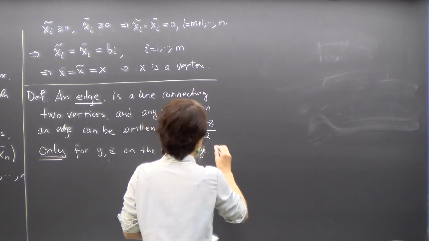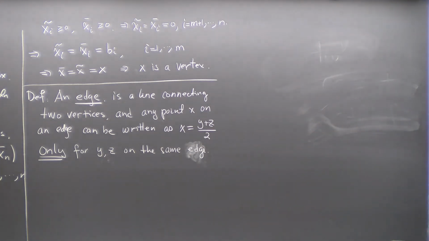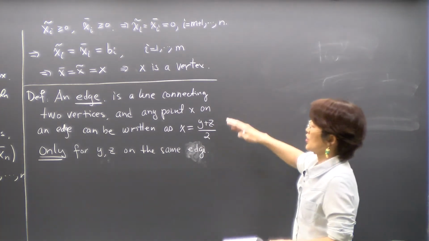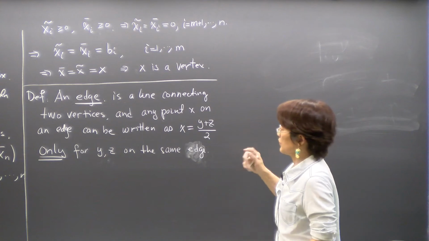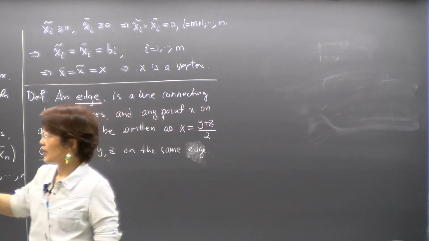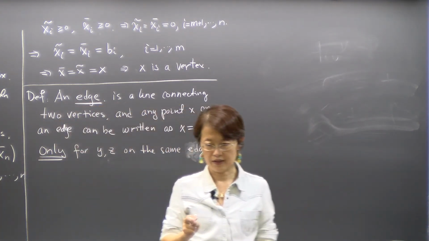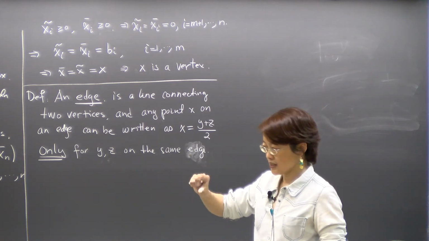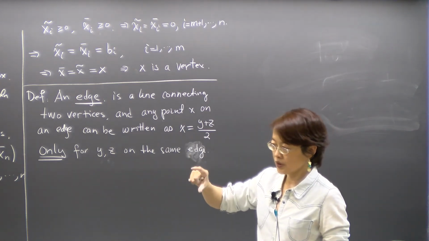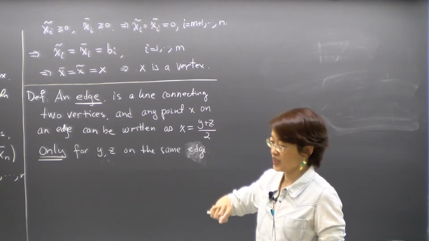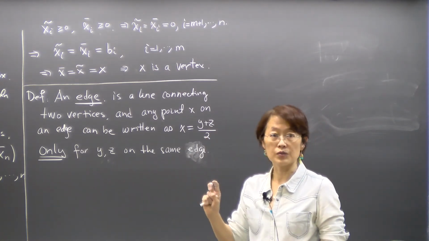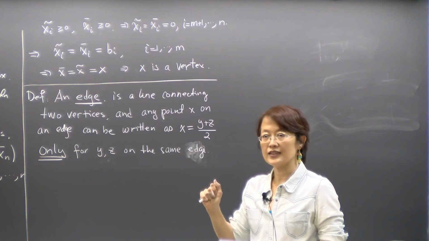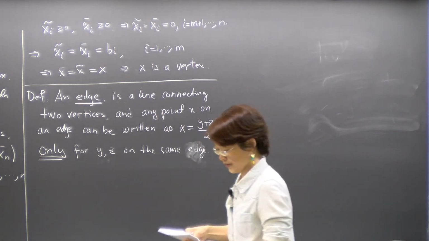It's clear. This is just a more concise way of defining what I just said. If it's an edge, then x can be represented as a linear combination of two other points. The two other points must be exactly on the same edge. No other way. Is that clear? The definition? Right.